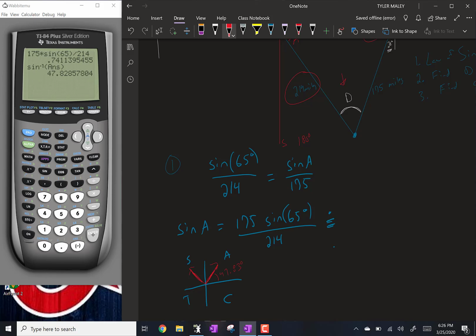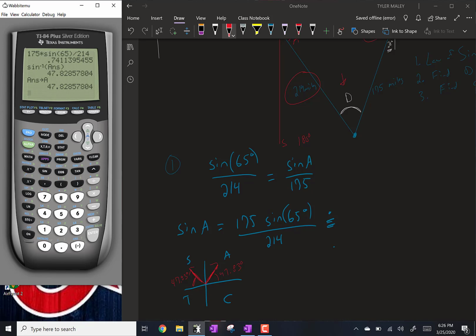So this part is also going to be that same reference angle, 47.83 degrees. Let me store this answer as alpha A.